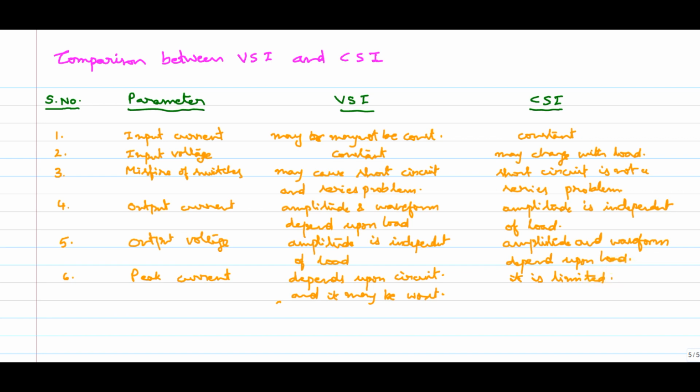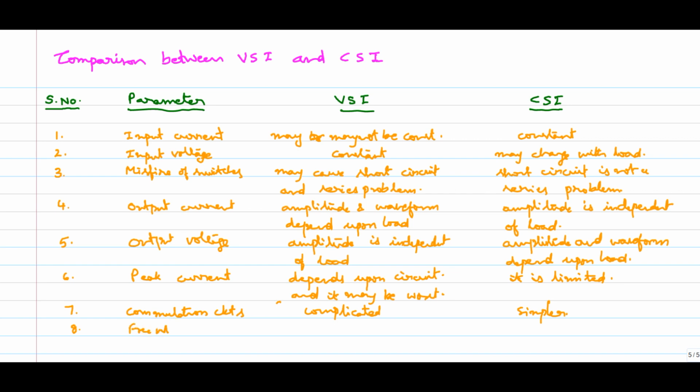Now coming to commutation circuits. For VSI they are complicated compared to CSI, where they are simpler. And freewheeling diodes: are they required or not?